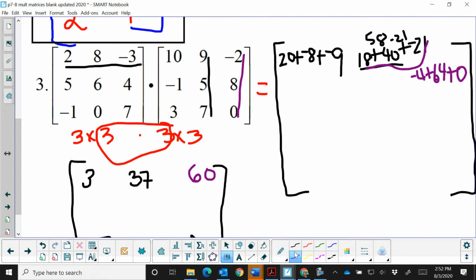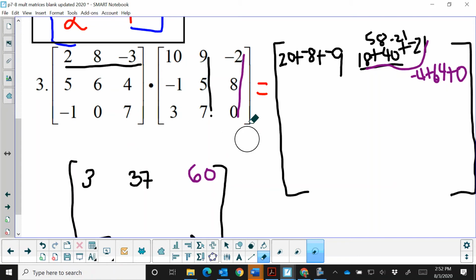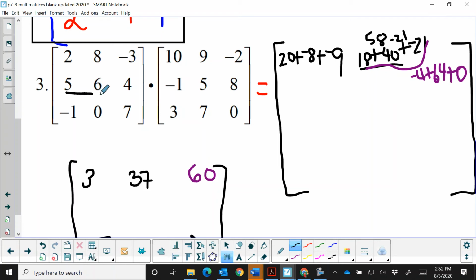So these 3 by 3s get a little harder. Okay, let's go down. I'm going to erase a little bit, get rid of some of this stuff. And I'm going to work on the second row. Second row, first column. So I've got a 50, a negative 6, and a 12. And I'm adding these together. So that's 50 minus 6 is 44. 44, 54, 55, 56. 56 is my first one.